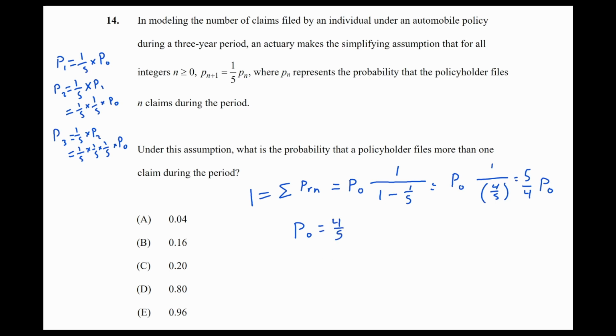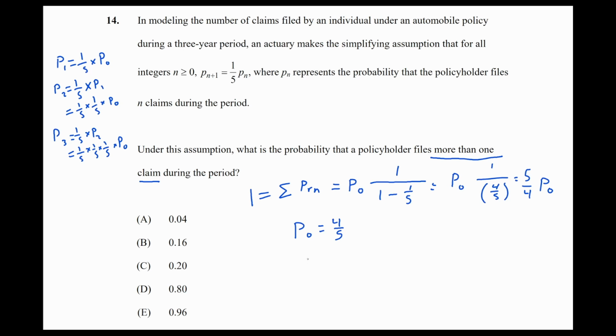Okay, now we have P0. So let's reread what the question is asking for us. Under this assumption, what is the probability that a policyholder files more than one claim during a period? So more than one means 2 or greater. It does not care whether or not you file no claims or one claim. It only cares about the probability of 2 or greater claims.